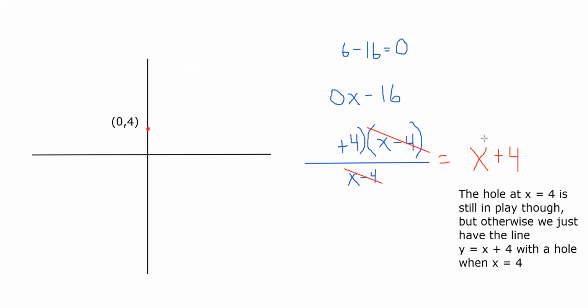It's going to be a positively sloped line. It has a slope of positive 1. So it's going to look something like this.